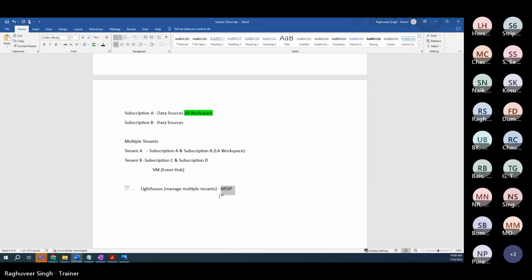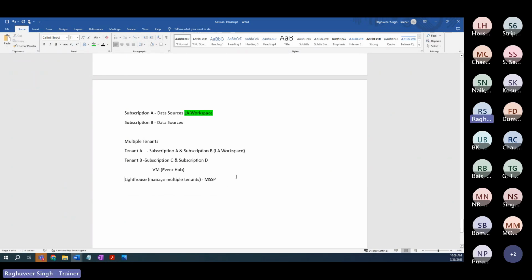So yes, it is possible, but there is so much involved in it, and that is why the direct answer to this question is no. We should not be able to do this, but there are approaches, and Lighthouse is the service through which I can do it. But this service is also not that easy to configure. As I said, managing multiple tenants is very complicated.